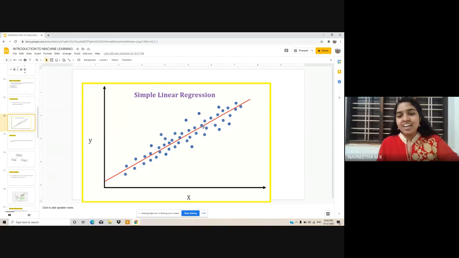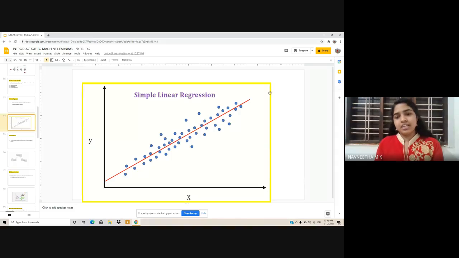If the data points lie far from this regression line, the chance of error is too high. So our prediction is very bad. That is what linear regression means.